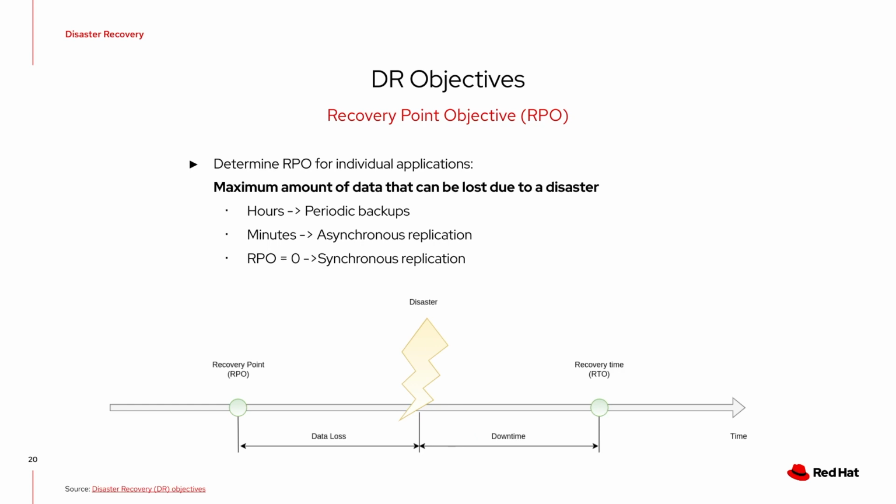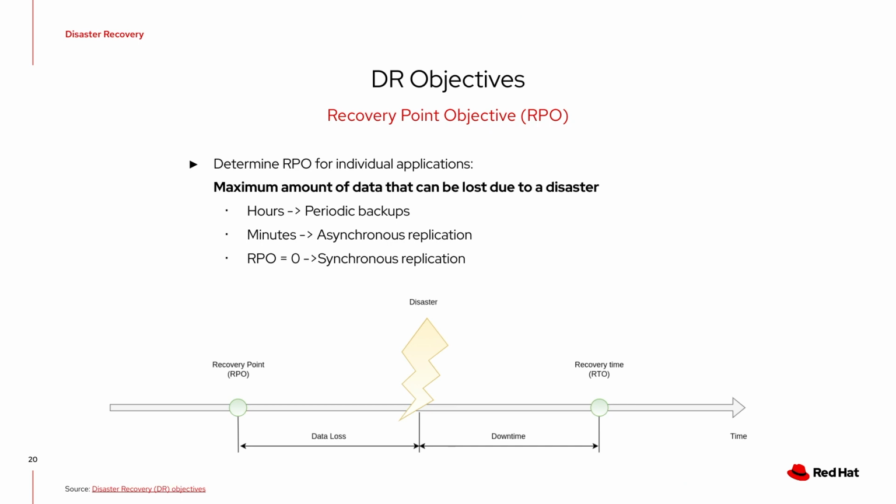So for example, it depends on the application, if it's fine for a given application to lose even several hours of data, maybe the whole 24 hours of data, then for that you will be fine with doing periodic backups and restoring from the backup. That's a fine method to achieve this objective.